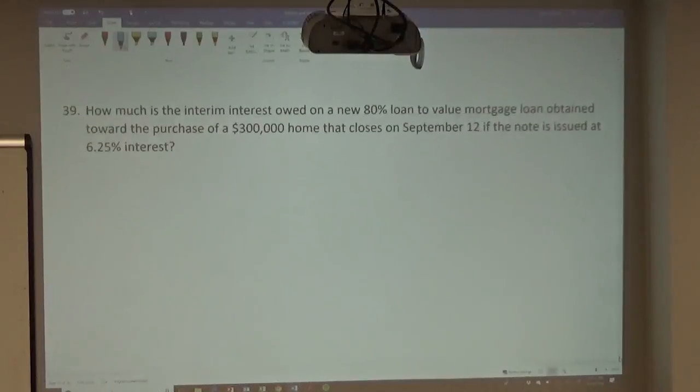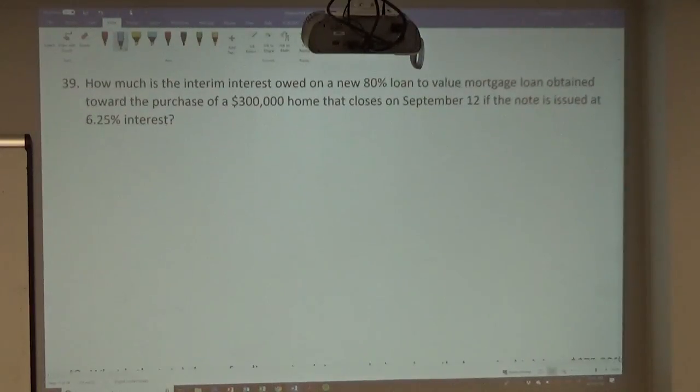Right? And number 39. How much is the interim interest owed on a new 80% loan-to-value mortgage loan obtained toward the purchase of a $300,000 home that closes on September 12 if the note is issued at 6.25% interest?